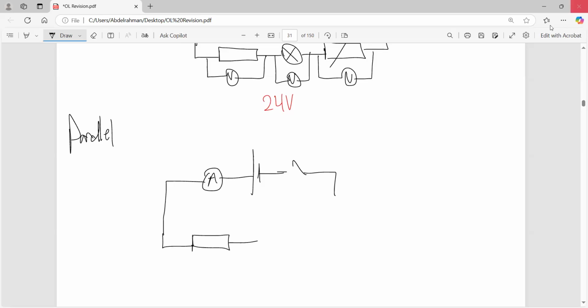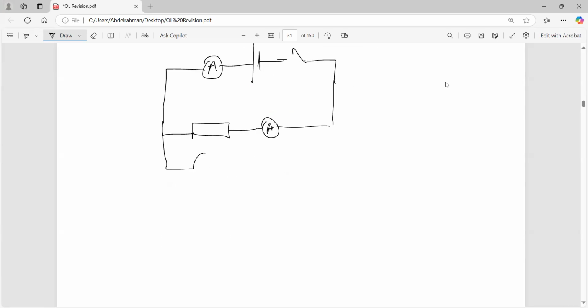This battery is connected to the same resistor. This resistor has an ammeter connected in series with it. And let's say we have a lamp which is connected also to another ammeter, and then the variable resistor also connected to a third ammeter.